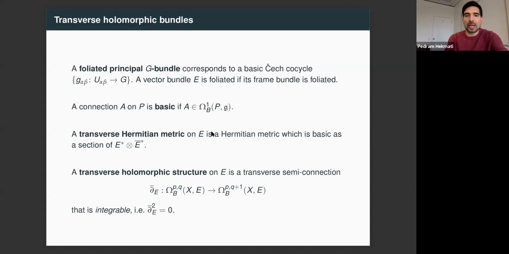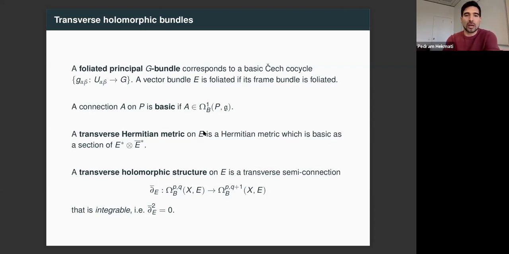And similarly, not every foliated vector bundle admits a Hermitian metric. Both facts are essentially due to the fact that given a covering, you cannot necessarily find a partition of unity subordinate to that cover consisting of basic functions.